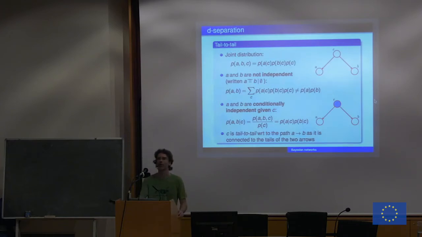A simple example is in terms of diagnostics or reasoning about pathologies. Suppose you have cough and fever. Let's say A is cough, B is fever, and C is flu, which can be the cause of both cough and fever, okay?